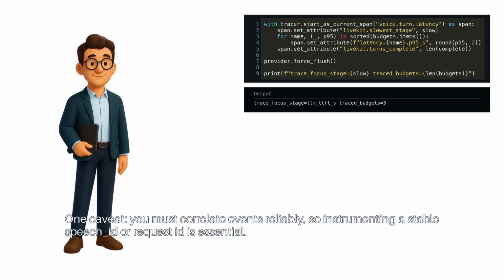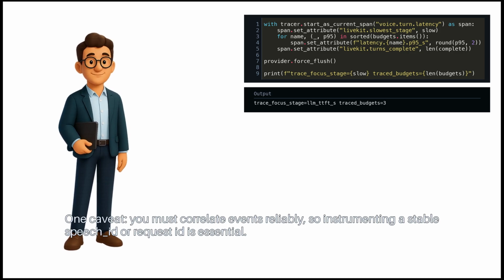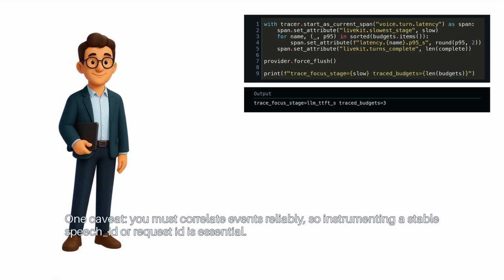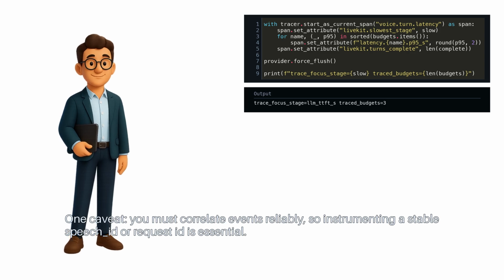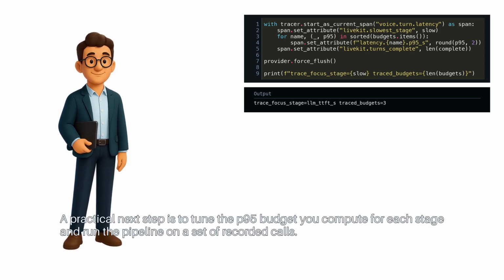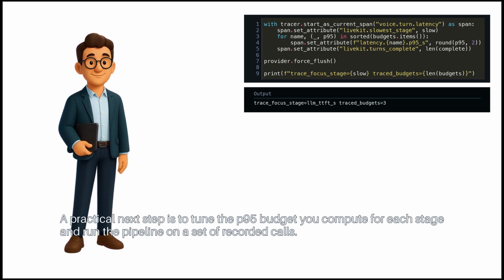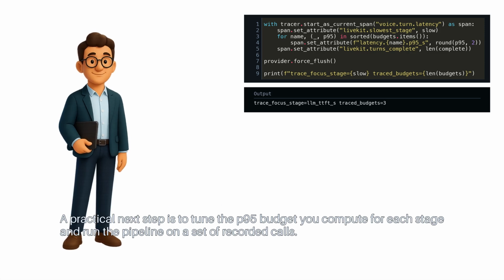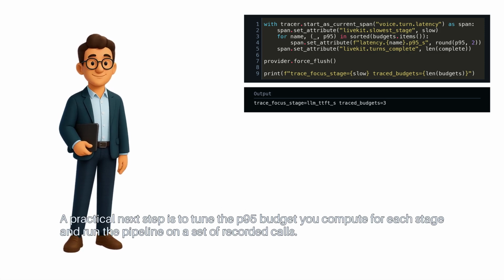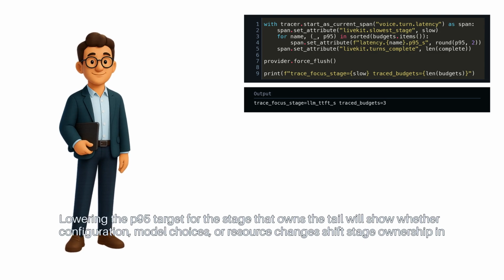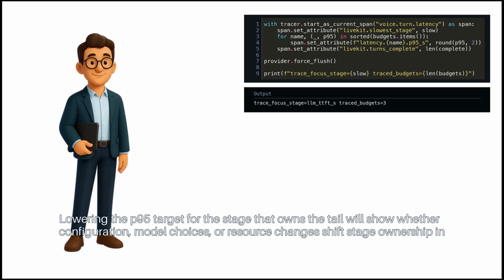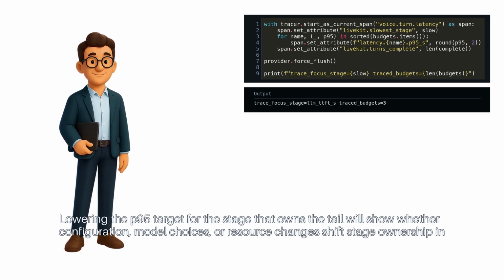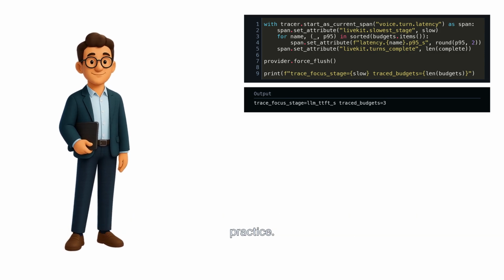One caveat: you must correlate events reliably, so instrumenting a stable speech ID or request ID is essential. A practical next step is to tune the P95 budget you compute for each stage and run the pipeline on a set of recorded calls. Lowering the P95 target for the stage that owns the tail will show whether configuration, model choices, or resource changes shift stage ownership in practice.